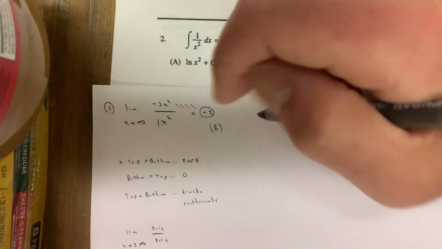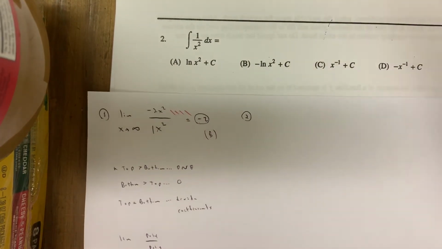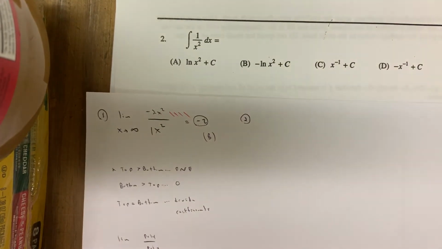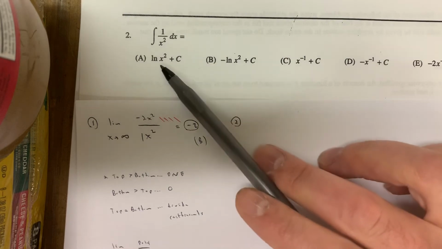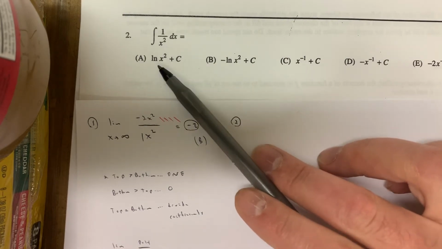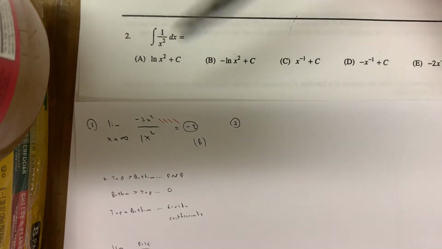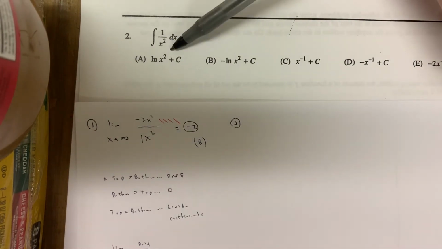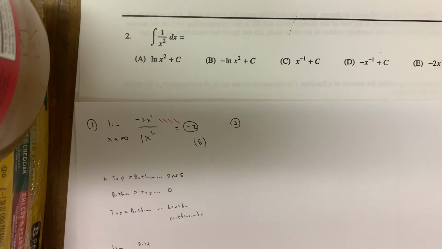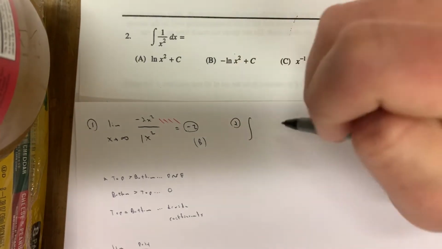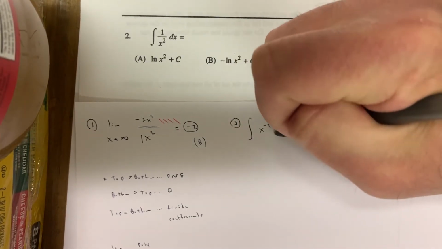Moving on to number two. All right, number two right here, a pretty classic integral, the integral of 1 over x squared with respect to x. Don't fall into the trap of saying, oh, it's ln absolute value of x squared, and x squared doesn't need an absolute value, it's always positive, look how smart I am. No, that's when you integrate a quotient and the bottom isn't being raised to a power. You can see the bottom is being raised to a power here. So I just write this as the integral of x to the negative 2 with respect to x.